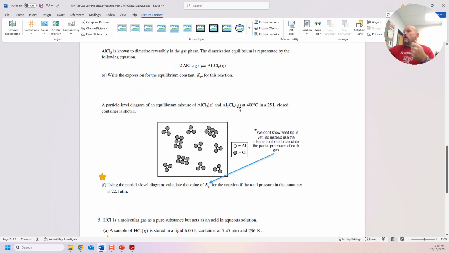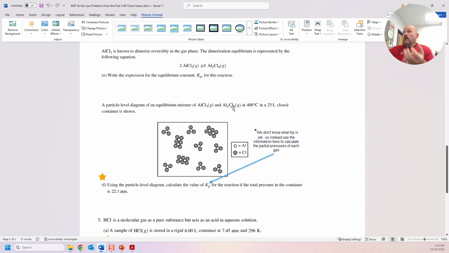So that means the AlCl3 has a higher partial pressure, and the Al2Cl6 has a lower partial pressure. If we had an equal number of particles of each one, then each partial pressure would just be the total divided by 2, right? But we know that most of the pressure is coming from the AlCl3, and a small amount of that pressure is coming from the Al2Cl6.